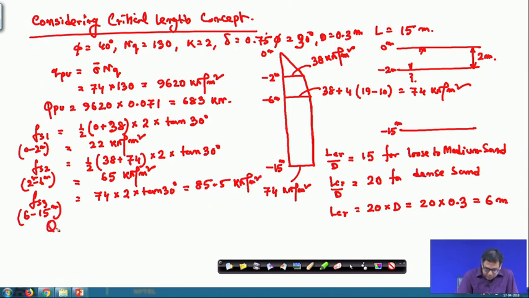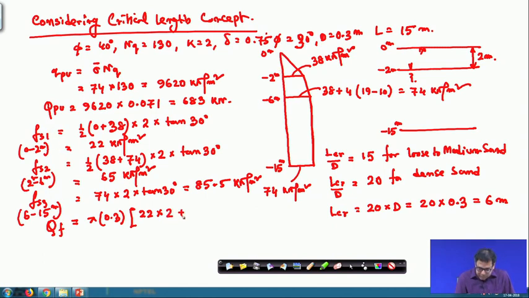So, the total frictional force is equal to pi into d, d is 0.3. Then first part F s 1 is 22 and the length is 2 meter, F s 1 is 0 to 2 meter.